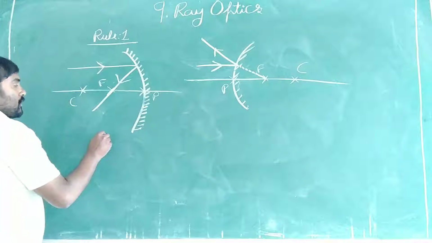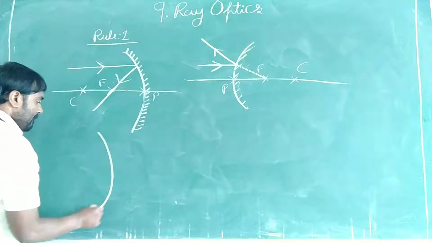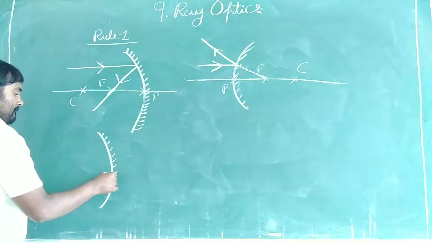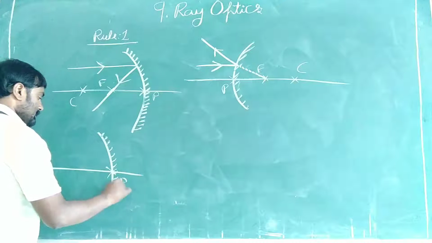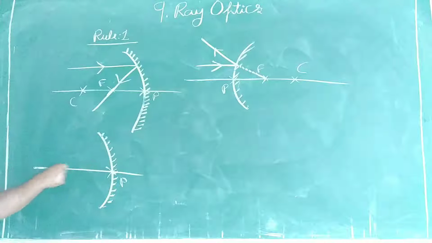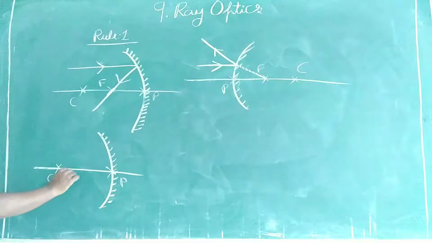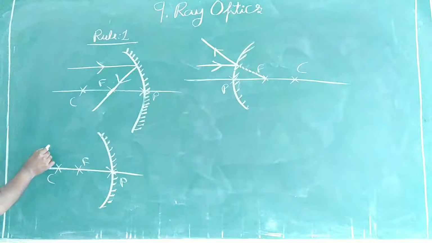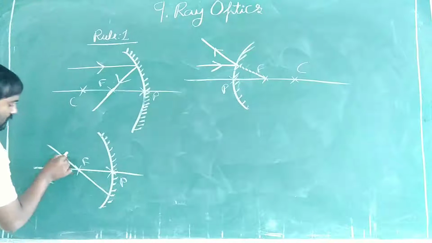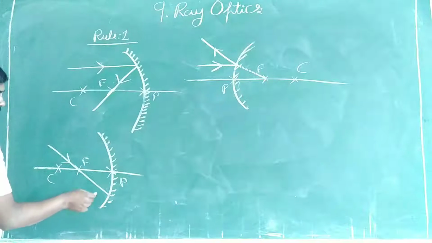So the second one is, consider the concave mirror. This is the pole. This one is the center of curvature. This is the principal focus. So a ray of light passing through the principal focus is incident on the silver surface.